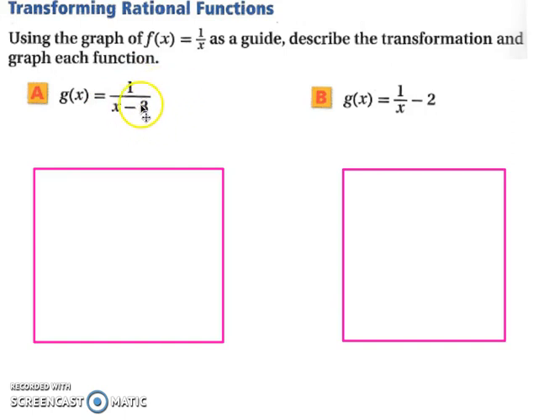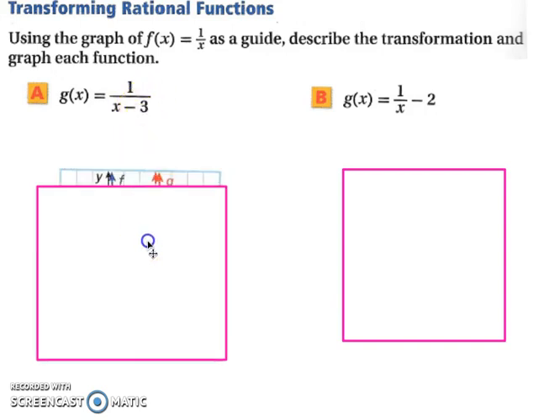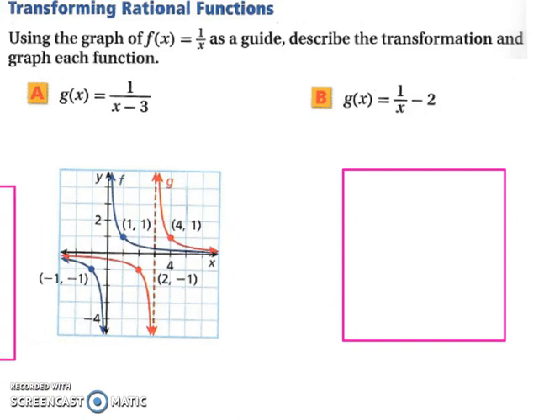All we have is an h, and it's a positive h, so therefore it's going to move to the right 3. The blue is your original, and the red is your g of x. So it's moved to the right 1, 2, 3.